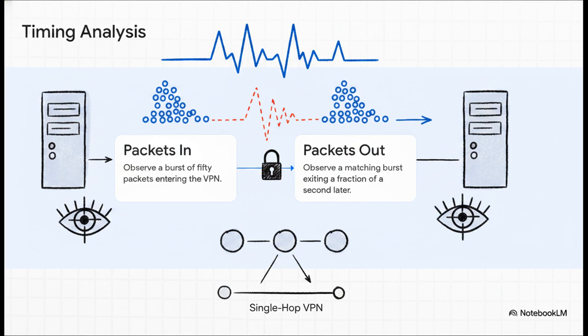Step 2, a fraction of a second later, they observe a matching burst of 50 packets leaving the tunnel heading to a specific destination. Match those patterns enough times, and you've got a definitive link, straight through the encryption. This is exactly why multi-hop systems like Tor are so critical, and why your standard single-hop commercial VPN is structurally pretty vulnerable to this kind of attack.